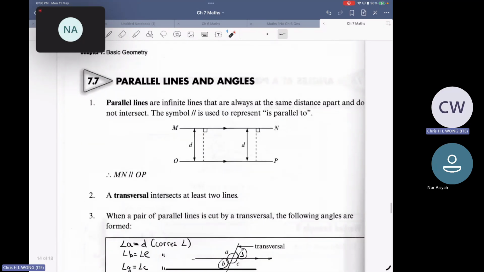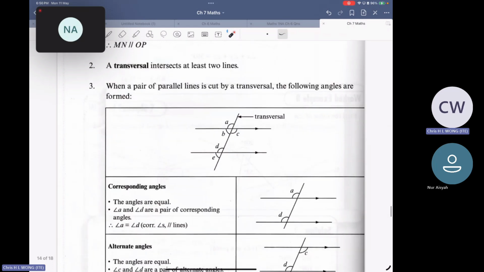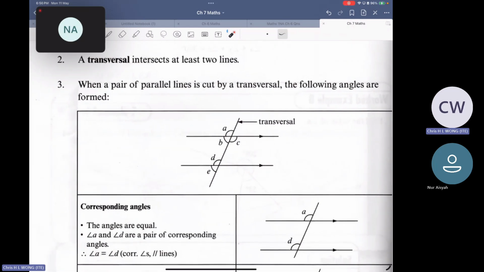Okay, today we have parallel lines. Now, I just clear this so that I can start again. If I have two parallel lines, how do I know they are parallel? You must see the arrow. If you don't see the arrow, they are not parallel.